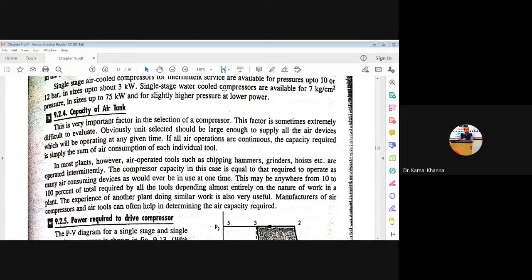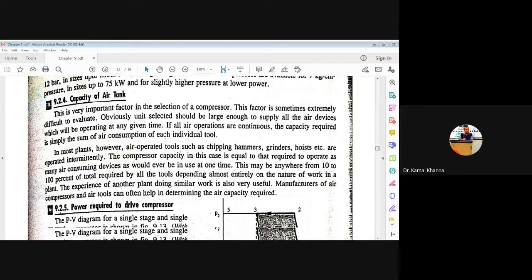So achieving 100% efficiency in the pneumatic system is not possible. There may be some losses of air, and there may be some drop of pressure within the pneumatic system. The manufacturer of the air compressor and air tools can often help in determining the capacity of air required to perform any operation within the pneumatic systems.